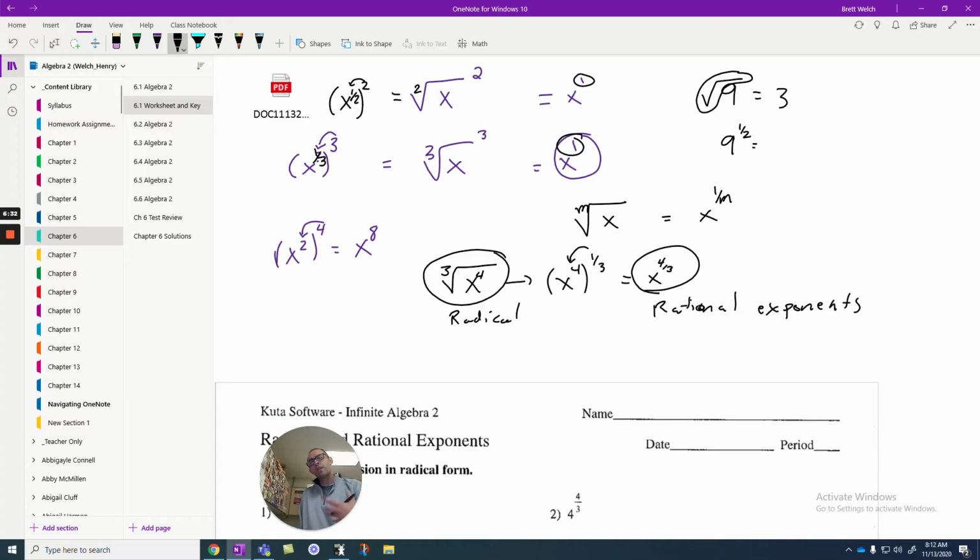The other is when we start to do algebraic reasoning beyond Algebra 2, pre-calculus, calculus, man, these exponents are going to be a lifesaver. You're going to love having a fractional exponent as opposed to a root, which would make your life much more challenging. And so this identity is really, really critical and fundamental.